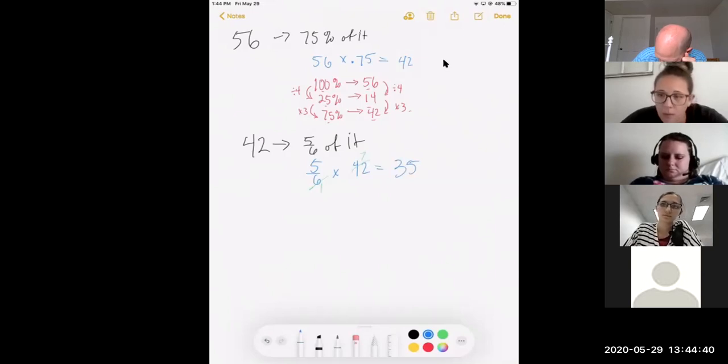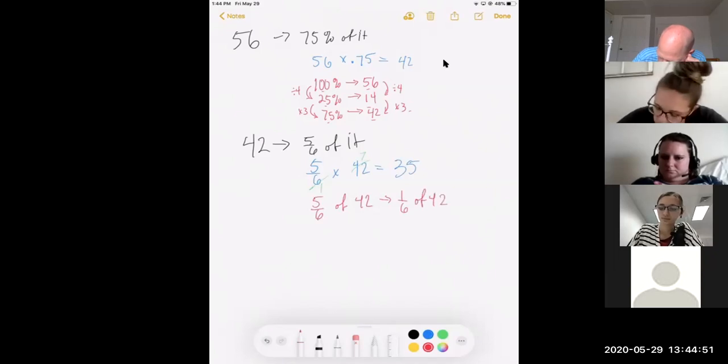So there's one way of doing it. Another way is that you can take 1/6 of 42, and then multiply by 5. 1/6 of 42 is 7, and times 5 is equal to 35.